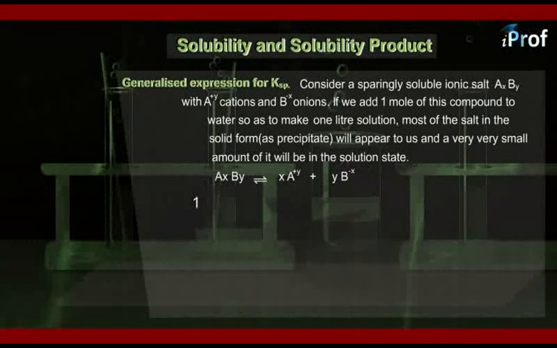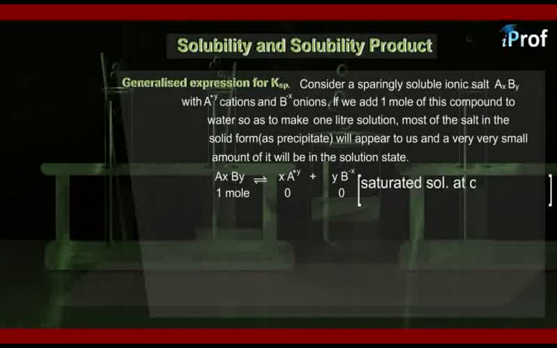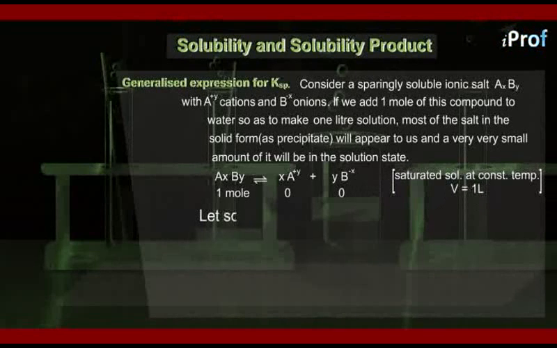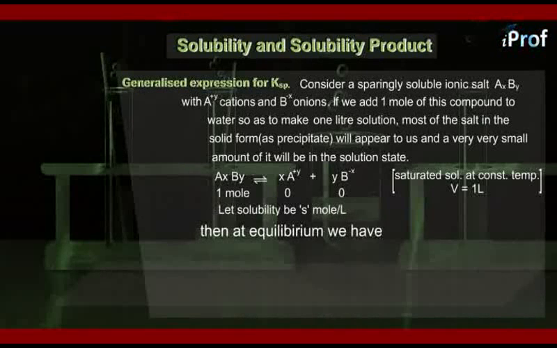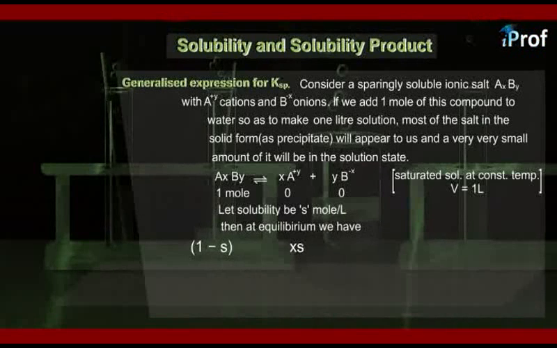1 mole of AxBy in the beginning is taken so that the products were 0, 0. The solution is of course saturated, and suppose the total volume is 1 liter. Let the solubility of this compound be S mole per liter. Then at equilibrium state we will have the concentrations S, 1 minus S, xS and yS moles per liter.